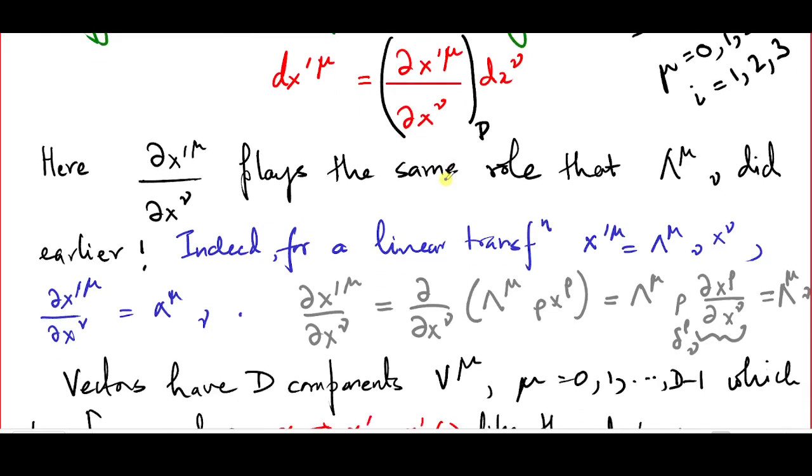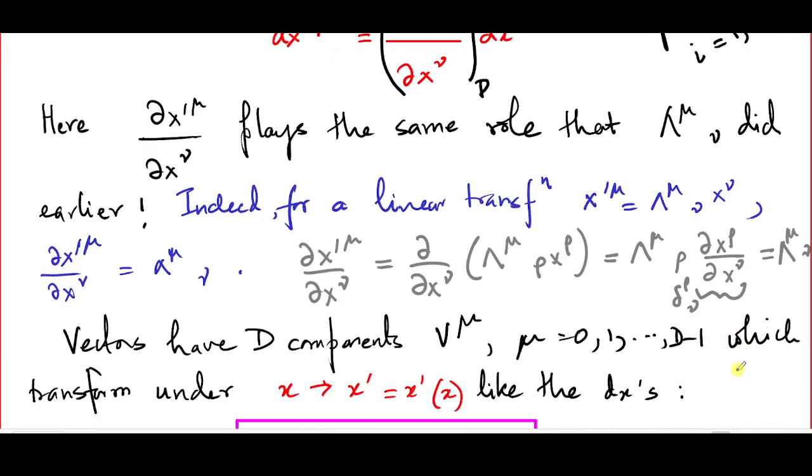Now, vectors under general coordinate transformations would again have d components if you are in a d-dimensional space-time, where the components will be written v upper mu, so mu as a superfix, and mu will run over 0, 1, 2, ... d minus 1 or 1, 2, 3, ... d as the case may be.